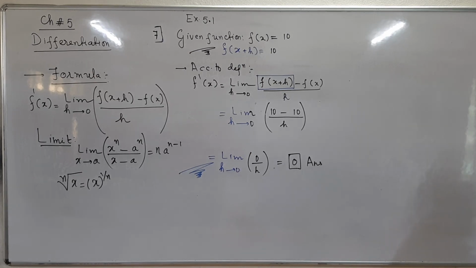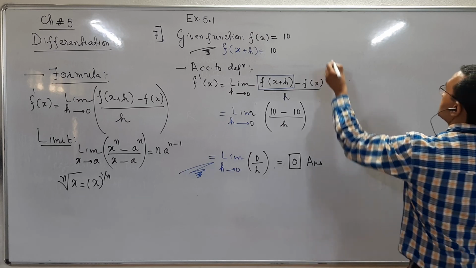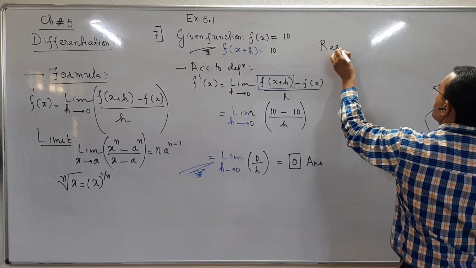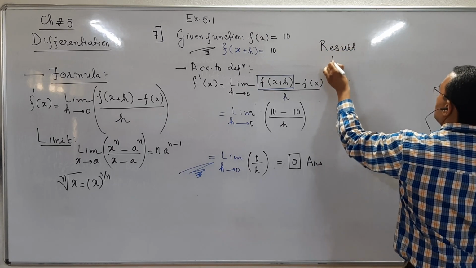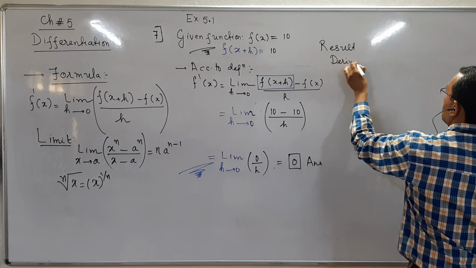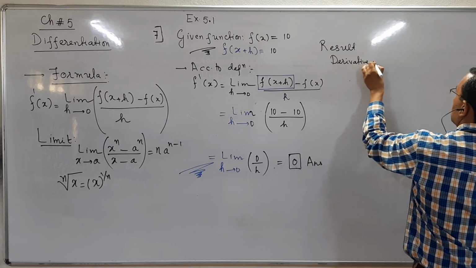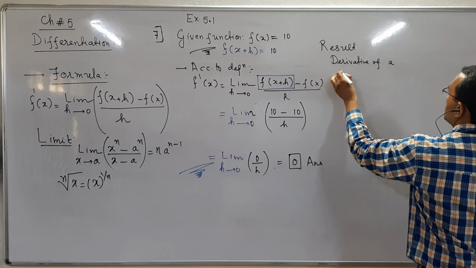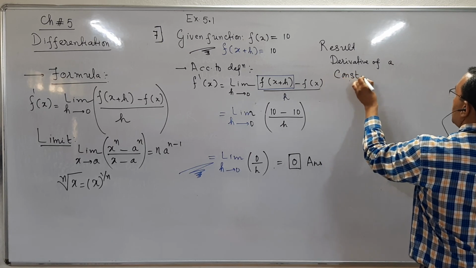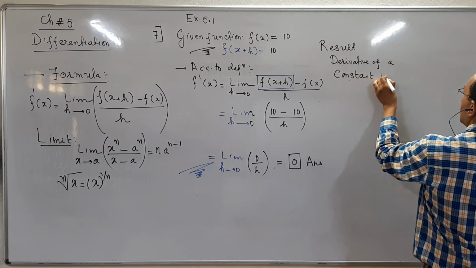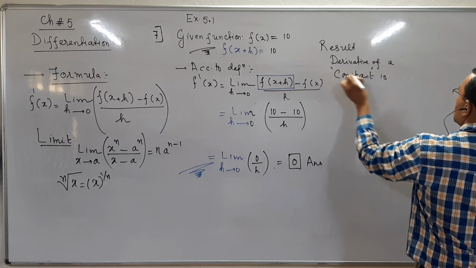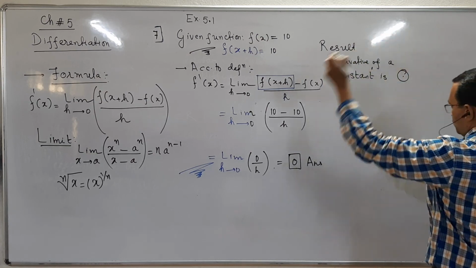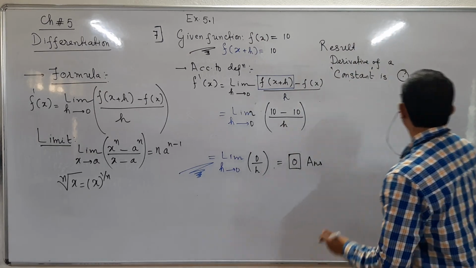Remember this as a result. Number means a constant. The derivative of a constant is 0. This we have to remember.